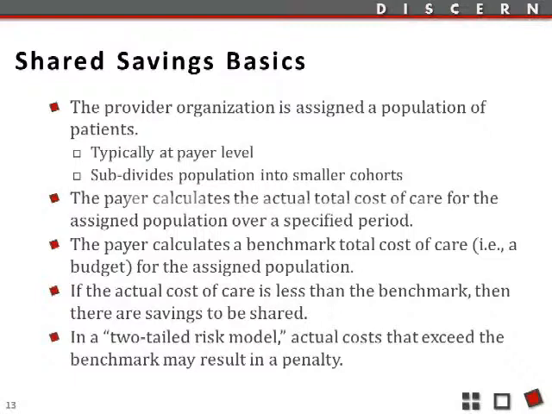If there's a loss, they don't bear any penalties. In Medicare's shared savings program, provider organizations have a choice between a one-tailed and a two-tailed risk model. Most of my remarks today will be focused on a one-tailed shared savings risk model, but I think you'll see throughout that you could apply similar concepts to a two-tailed model.